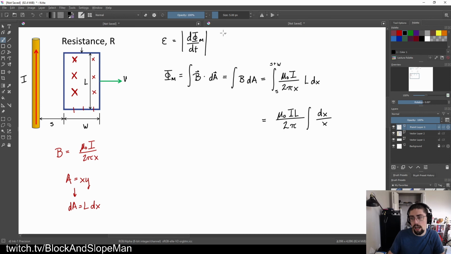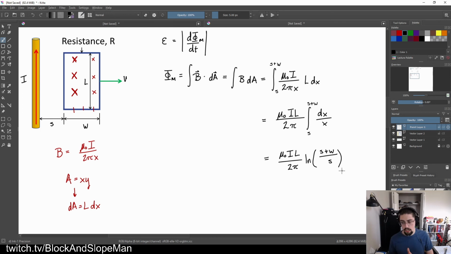And we have dx over x, which is just another natural log. So this will become mu naught IL over 2 pi times natural log of (S plus W) over S. And there's our expression now for the magnetic flux, which does look a little bit complicated, but it's very similar to what we just saw last time.